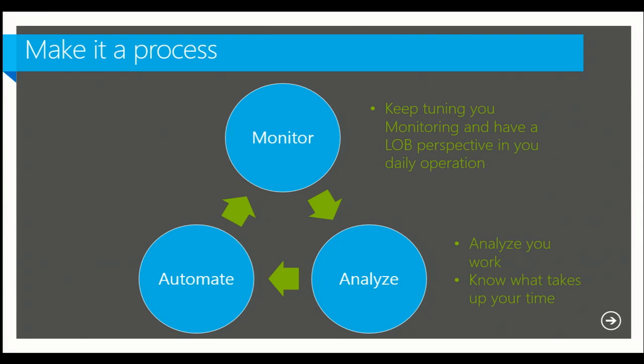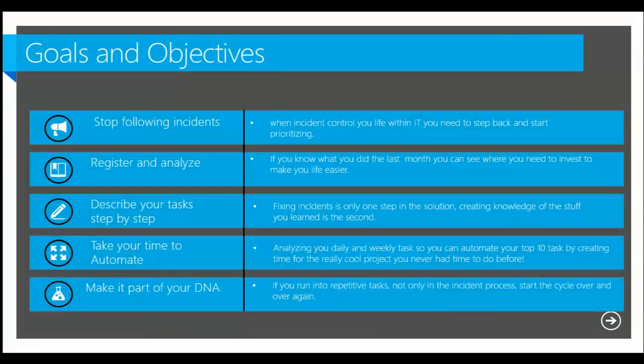So now again, the goal and objectives: stop following those incidents, start registering, describe your tasks step by step, so your second-tier and first-tier engineers can fulfill your tasks, and when that works, start automating it and make it part of your DNA.